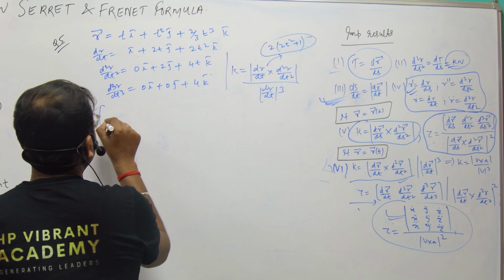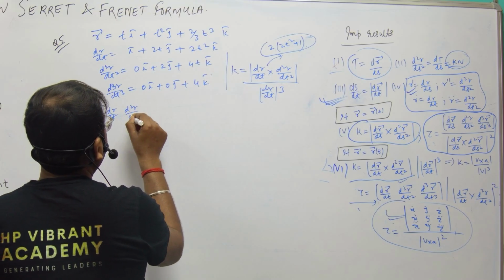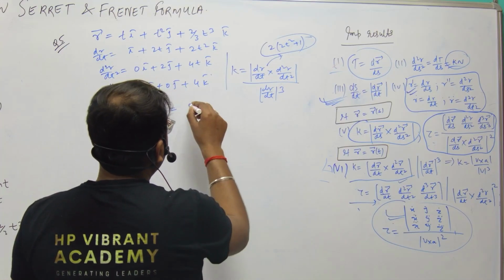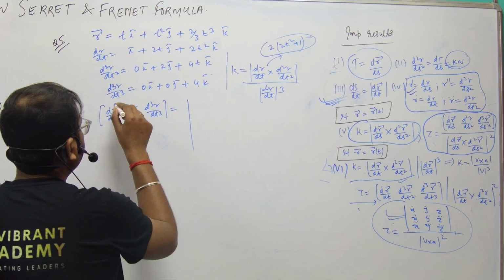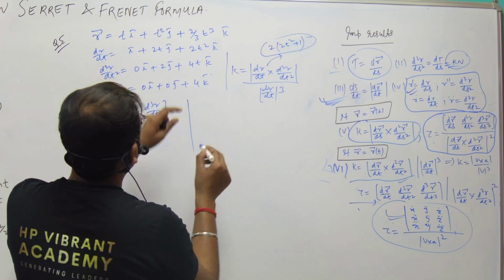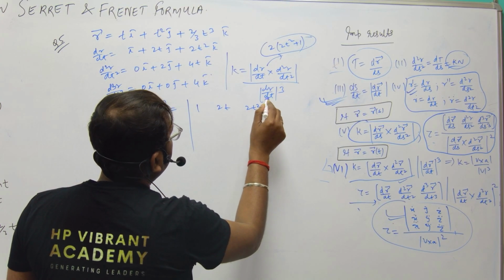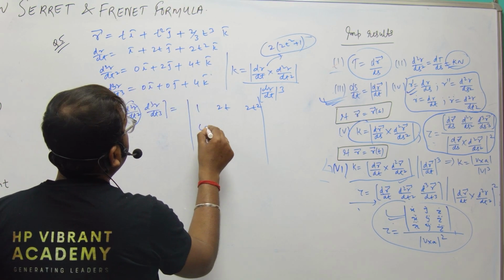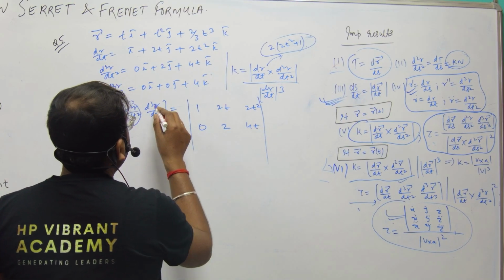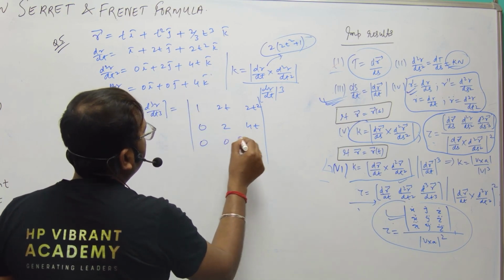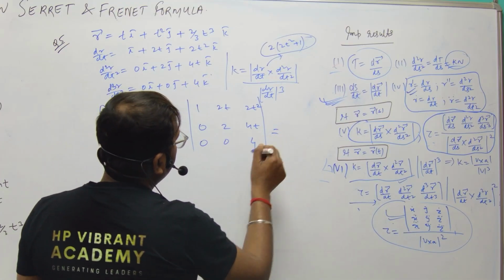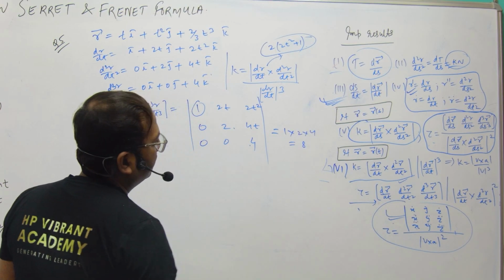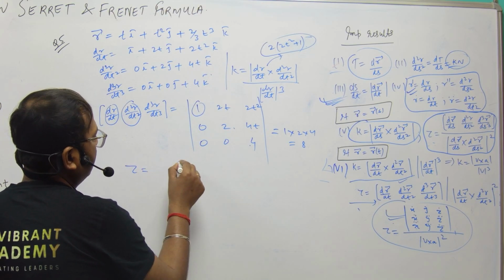It is the determinant of the coefficients: dr/dt is 1, 2t, 2t square; d2r/dt2 is 0, 2, 4t; d3r/dt3 is 0, 0, 4. This will be equal to 1 times 2 times 4, so we have the scalar triple product as 8.